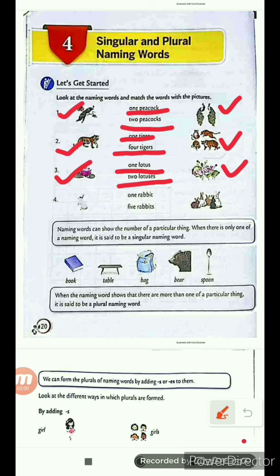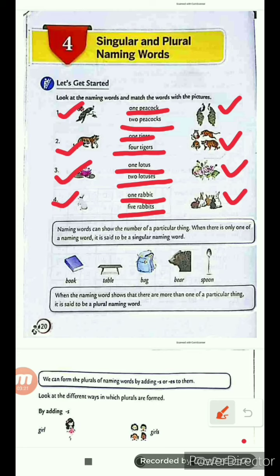Next, one rabbit. Here the picture is one rabbit. And here so many rabbits are there. So there are 5 rabbits, more than one rabbit.